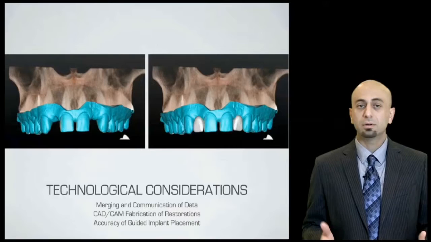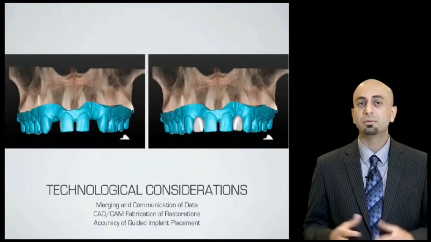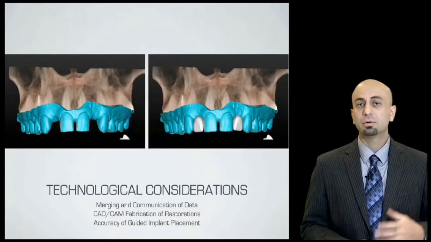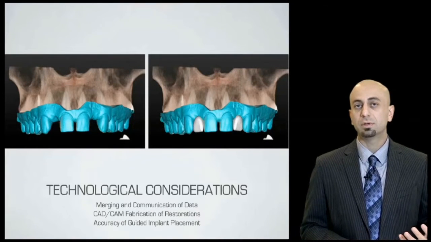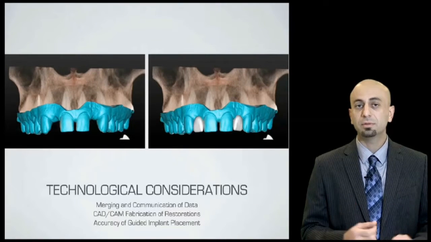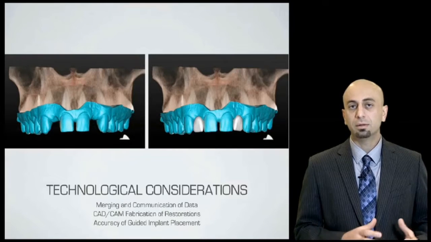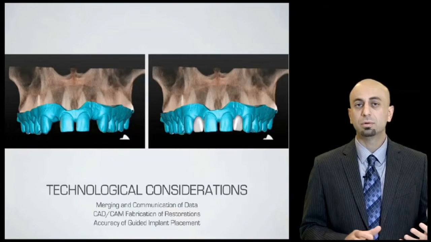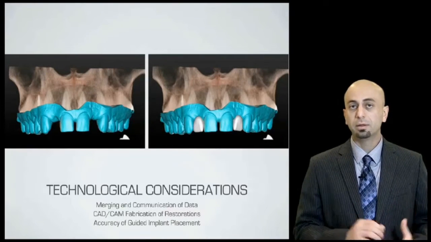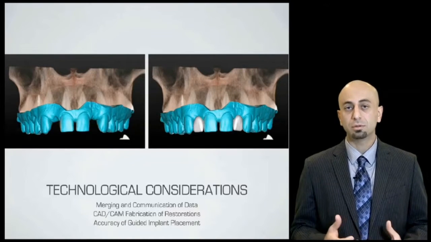And the technological considerations are being able to merge the different data. So intraoral scan data, which is recording the surface topography of what the patient presents with, is very detailed data that we need in order to create a guide or even do a diagnostic wax-up for the patient digitally.